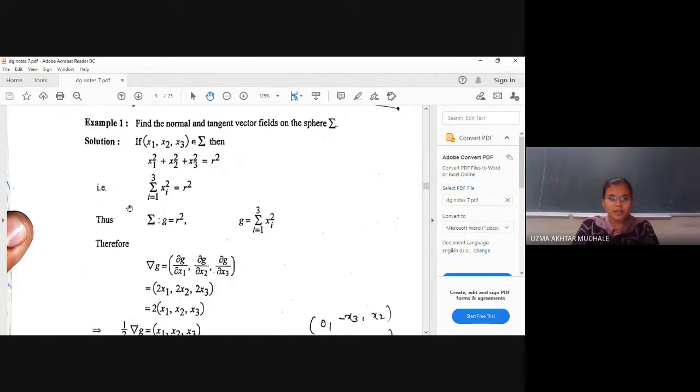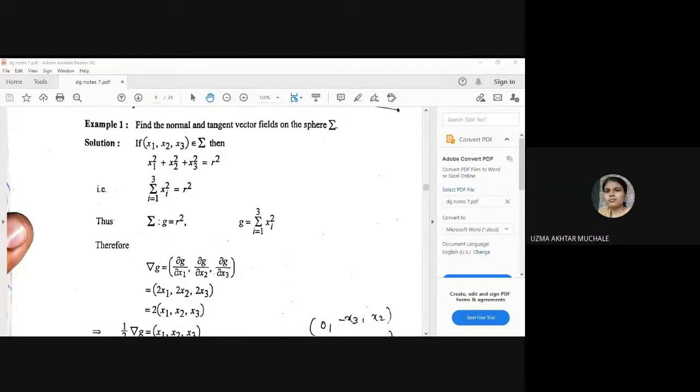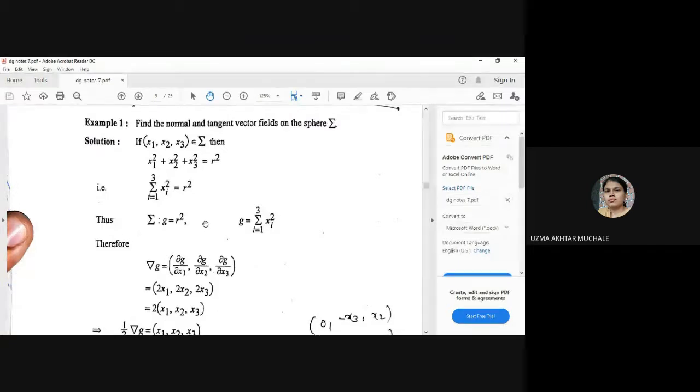Find the normal vector field on the sphere. So first we have the equation of a sphere: x square plus y square plus z square is equal to r square.